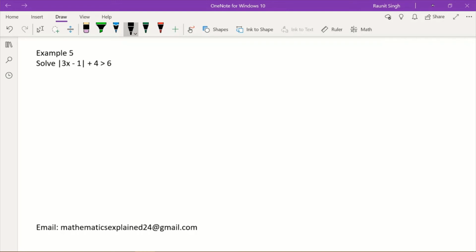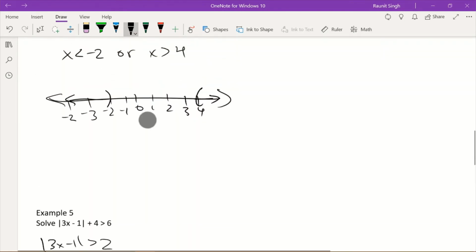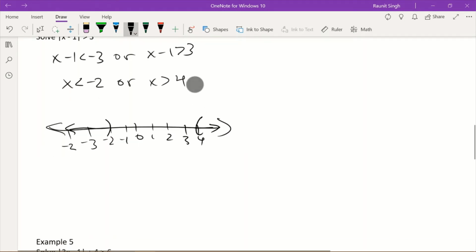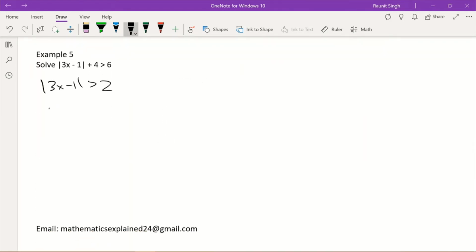Okay, so yes, we have to simplify it first. So we have 3x minus 1 in absolute value is greater than 6 minus 4, which is 2. Now we can do what we did in example 4. We have 3x minus 1 is less than negative 2, and then 3x minus 1 is greater than 2.